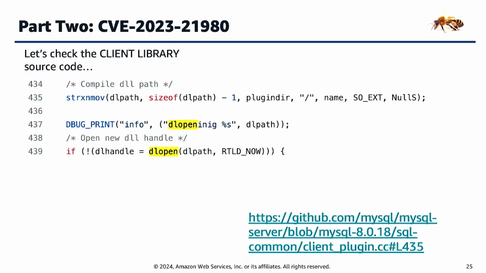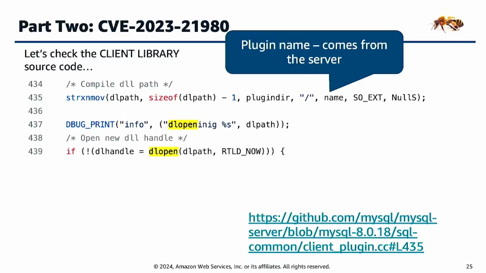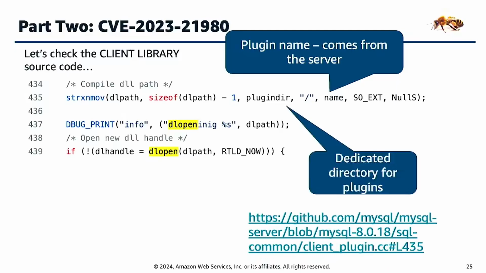If you're wondering how the plugin is loaded, it's dlopen. Here, the plugin name comes from the server, but it's only loading plugins from the plugin dir. This is a dedicated directory for the plugins, and that directory cannot be changed on the server.